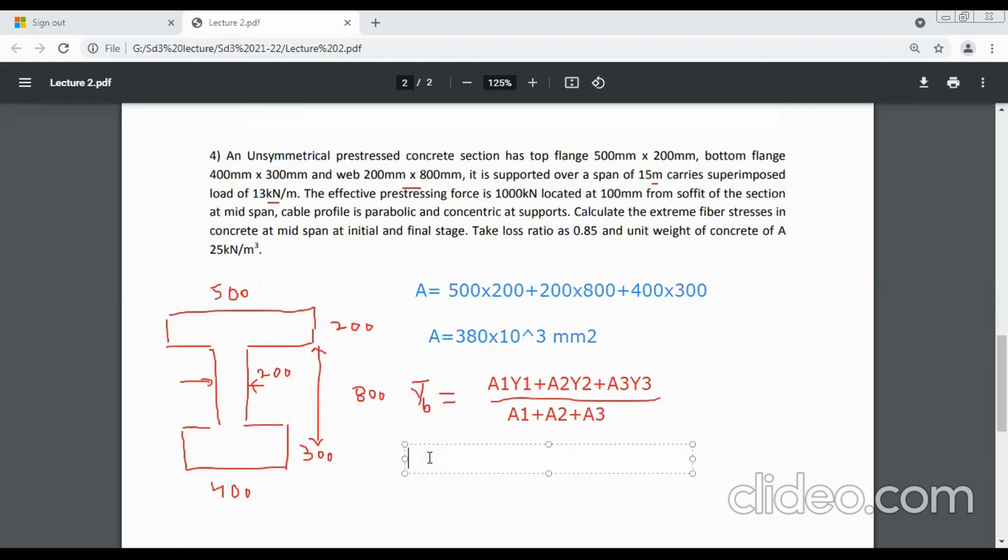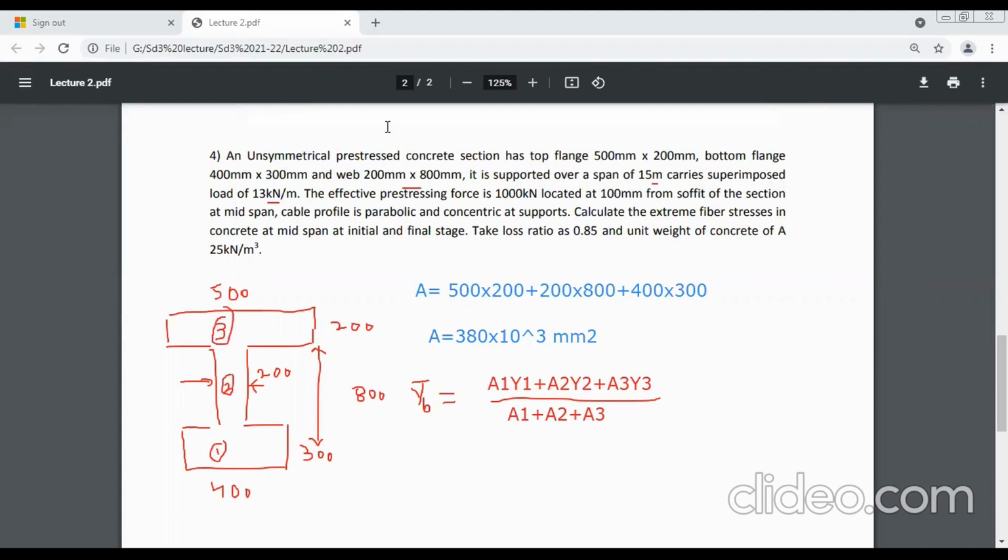We divide this section into 3 parts. First we take the bottom flange as 1, the web as 2, and the top flange as 3. Just find y bar for that.